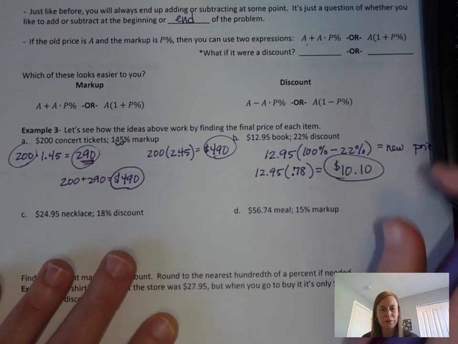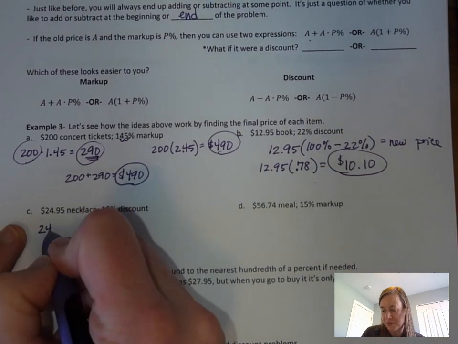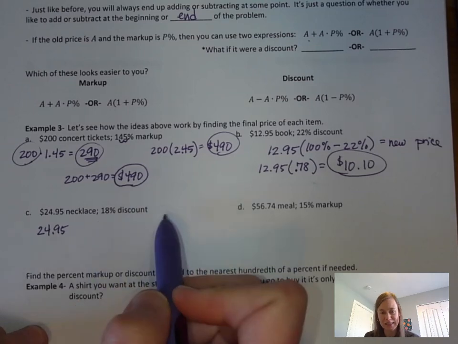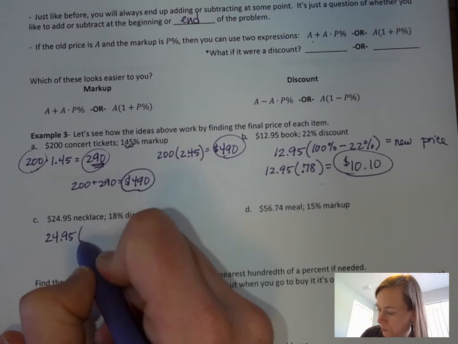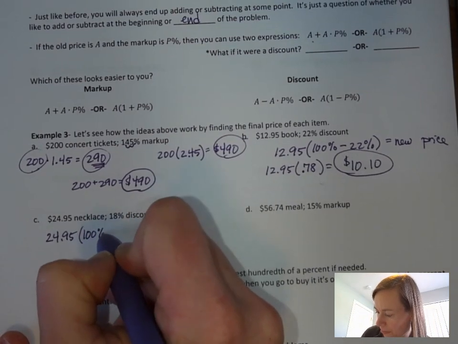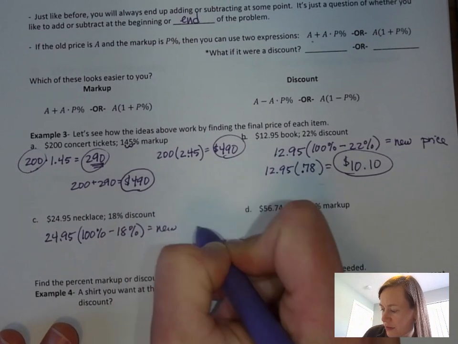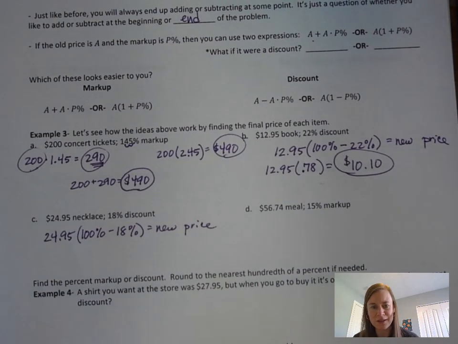Okay, let's do another one. So you've got a necklace for $24.95. And it looks like it's got an 18% discount. So again, I'm going to kind of do it the same way I set it up here. I'm going to do 100% minus 18%, and that's going to equal the new price for me. Okay, so now let me get everything converted to an equation.